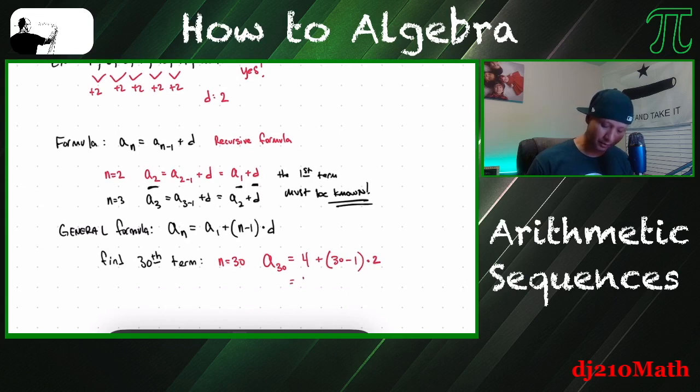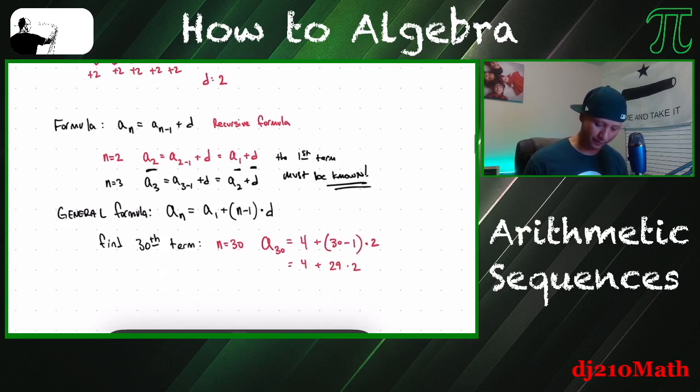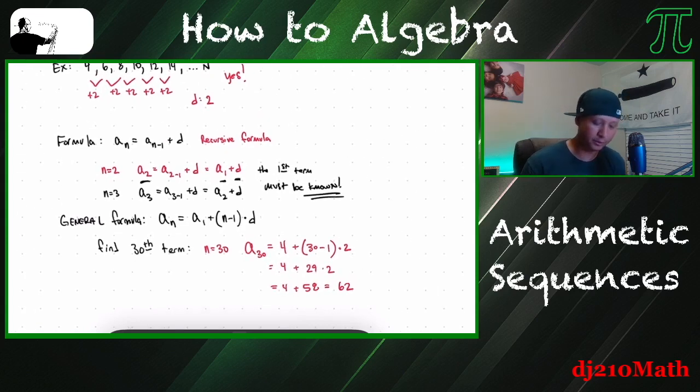So we get 29 times 2. 30 times 2 is 60, minus 2 is 58. So 4 plus 58 is equal to 62. So if I kept the pattern going, 4, 6, 8, 10, 12, 14, the 30th number would without a doubt be 62.